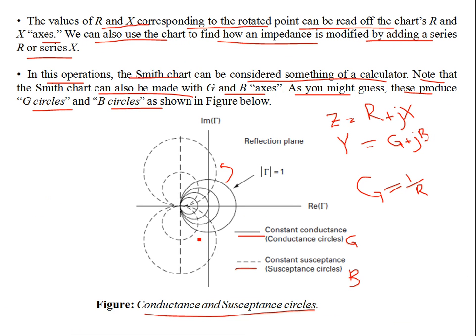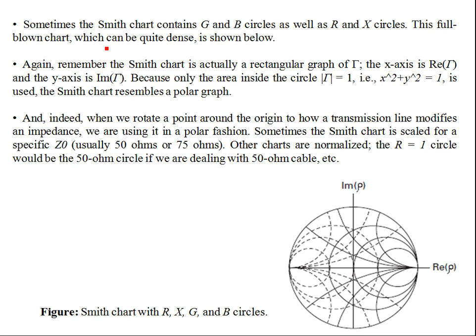So you can use the gamma plane as an impedance chart, or you can use it as an admittance chart if you so wish, with constant conductance and susceptance circles. Sometimes the Smith chart contains both G and B circles and R and X circles. It's a full-blown Smith chart, which is quite dense, as shown below.